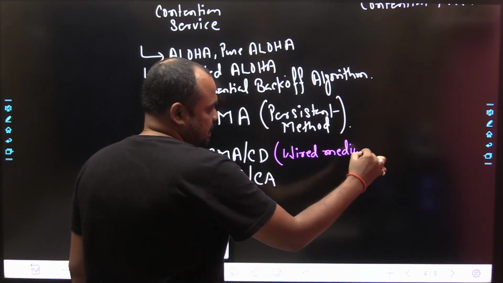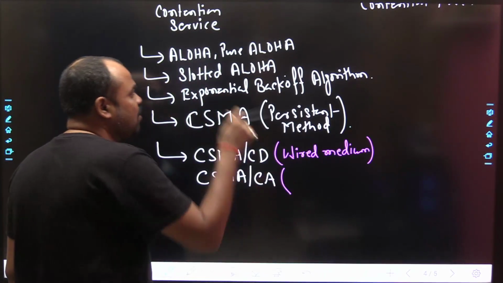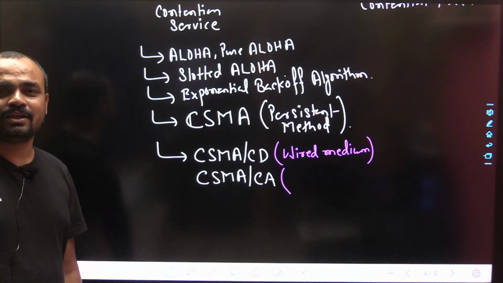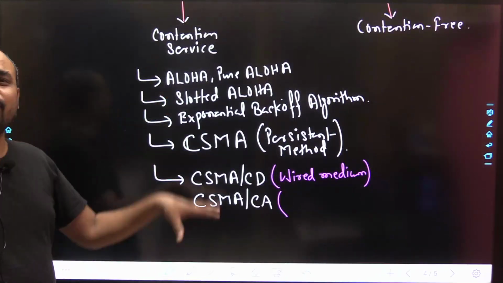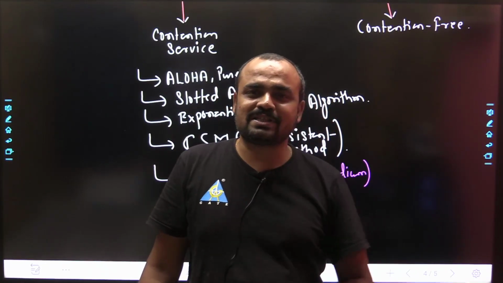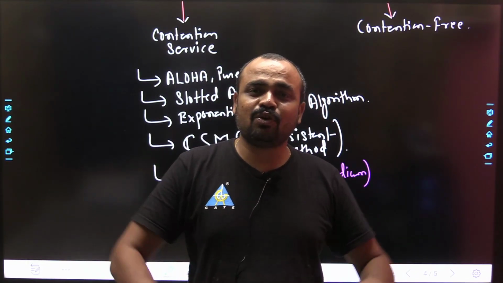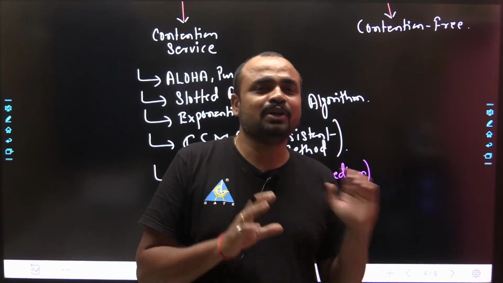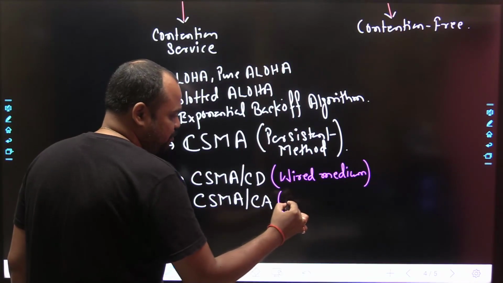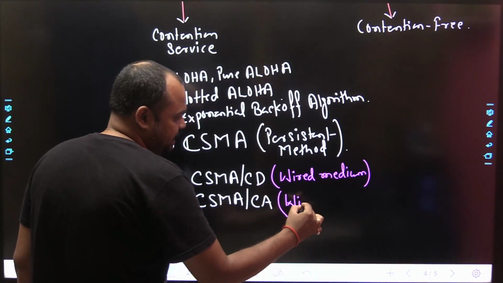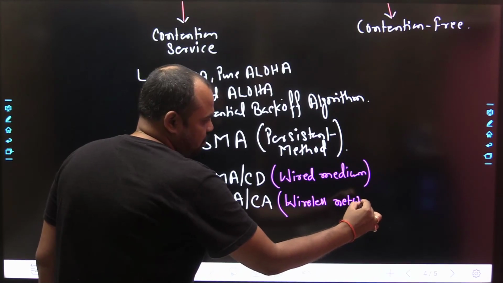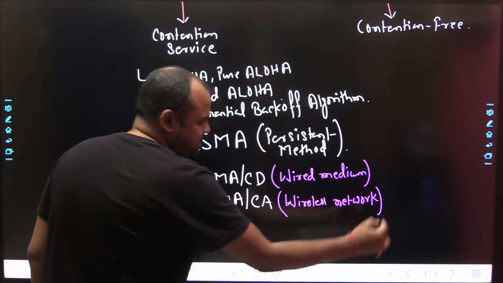All these that we have written over here are nothing but protocols. Whatever the things we are writing over here inside the syllabus, these are nothing but protocols, because inside the computer network all the time we talk about the protocols. Okay, so just see over here, CSMA/CA protocol is applicable in wireless network, or you can say wireless medium, simply you can say.